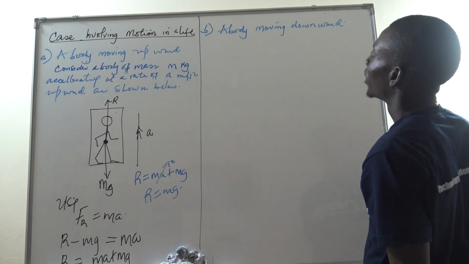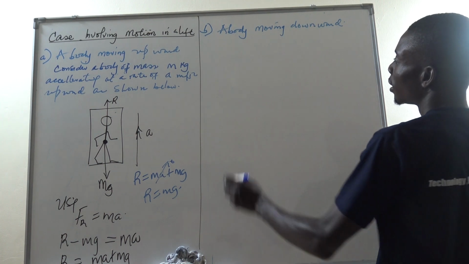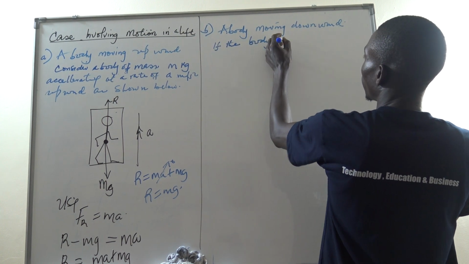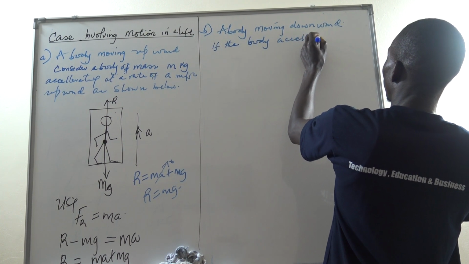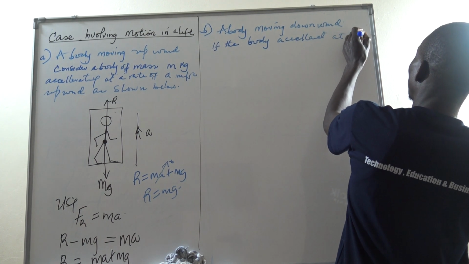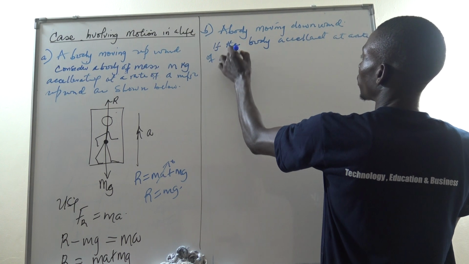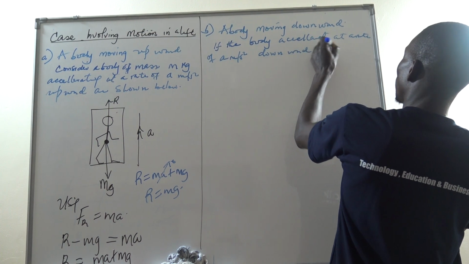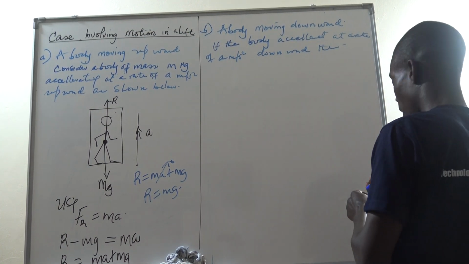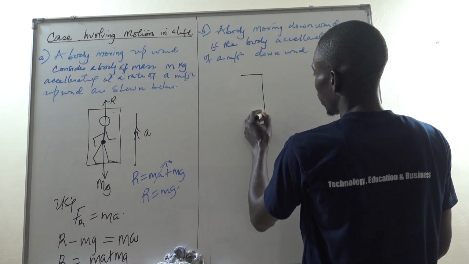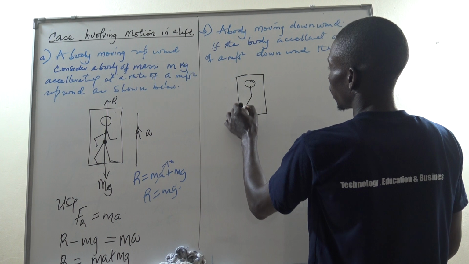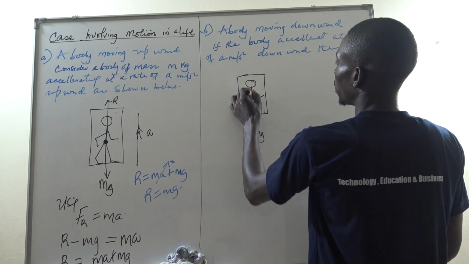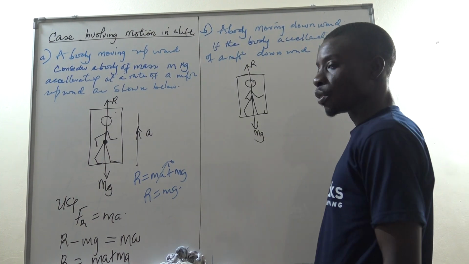Downward. If the body accelerates at a rate of a meters per second downward, then what is very true is that if I now have this guy here in his car lift, and now he has his weight mg, he still has normal reaction because as he's standing, the lift will be supporting him.